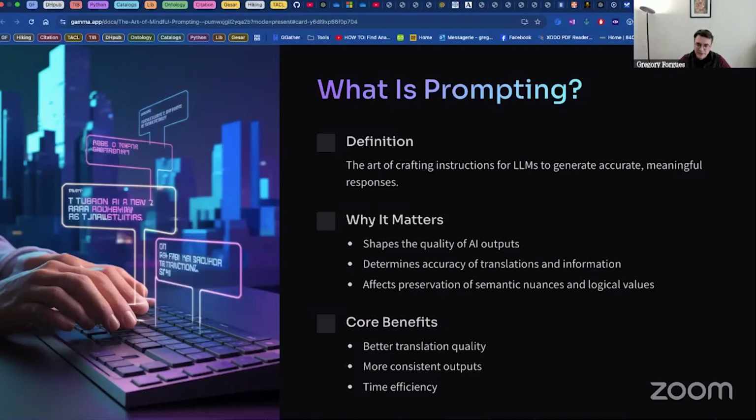It will determine the accuracy of translations and, in general, of the information you will get from the model. And so on a more nuanced, more sophisticated level, it may affect as well the semantic relationships and the logical values of doctrines, and the way they're rendered by the model will be different based on the prompts.